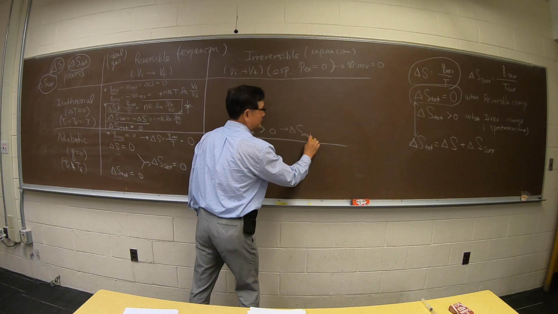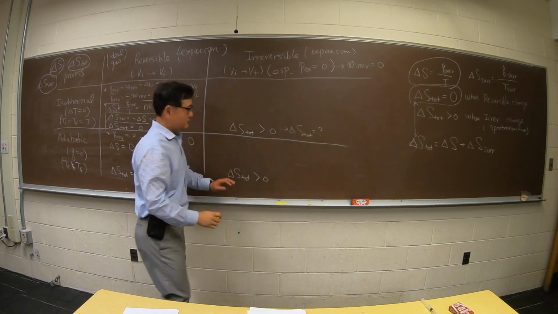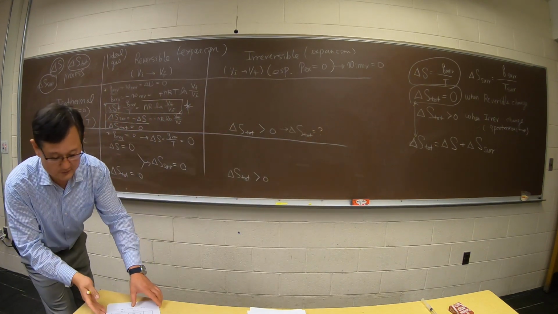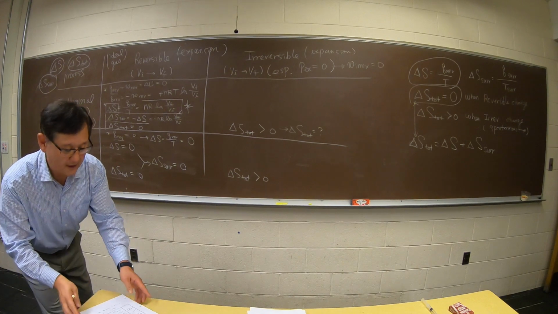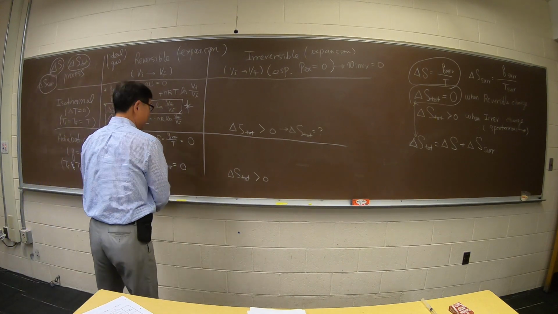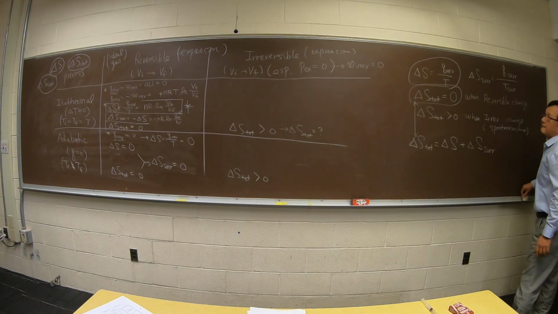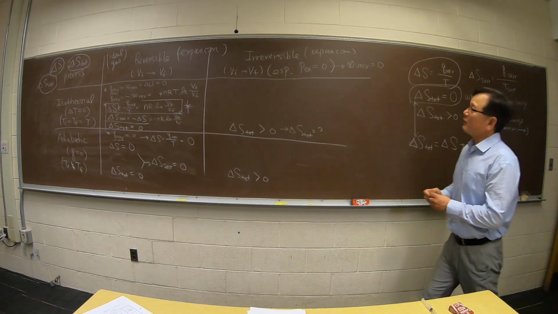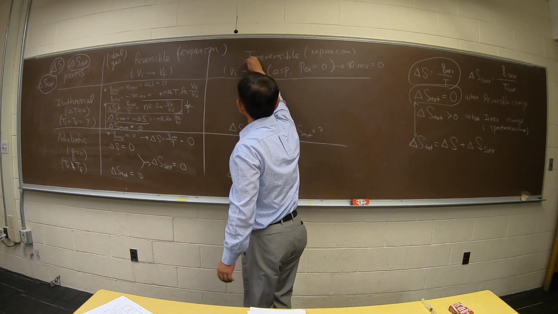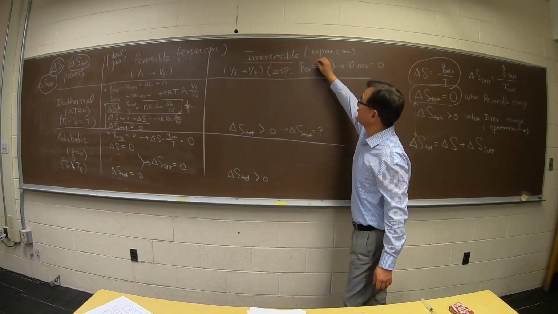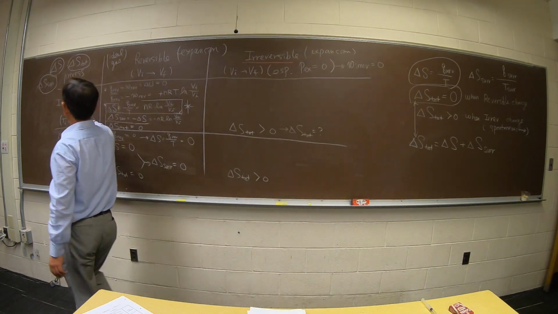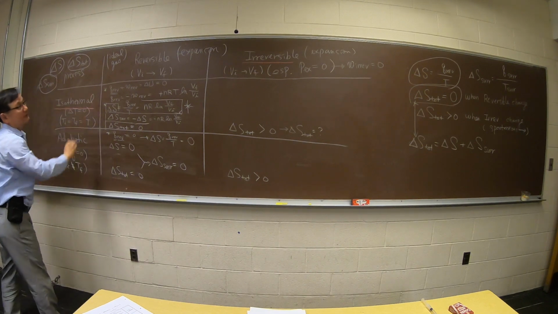The delta S total, this one is actually the most challenging. So here's another one that I wanted to think about. Let's think about it. Reversible expansion that is isothermal, irreversible, right?